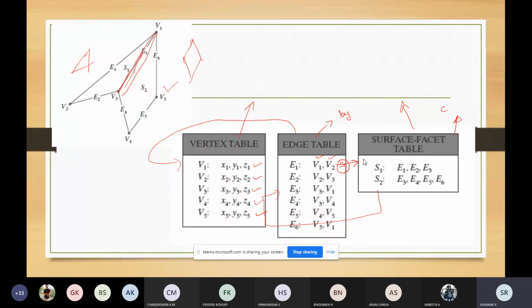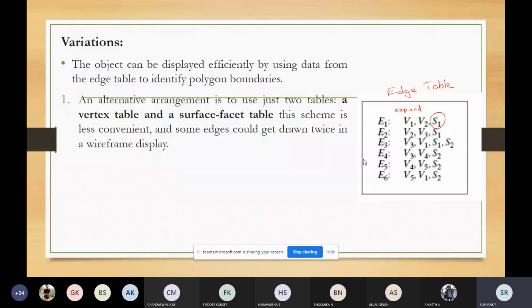That is how it is being modified. So you can expand the edge table to include forward pointers into the surface facet table, so that the common edge between polygons could be identified more rapidly.